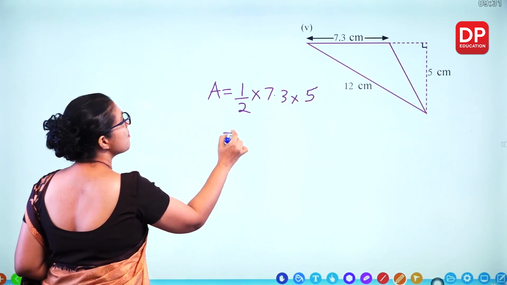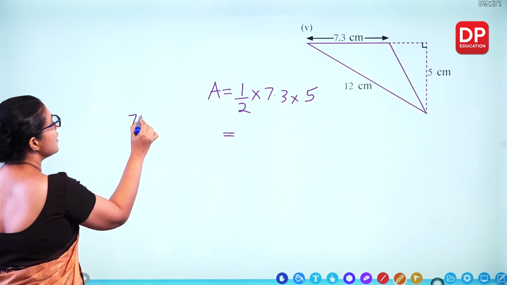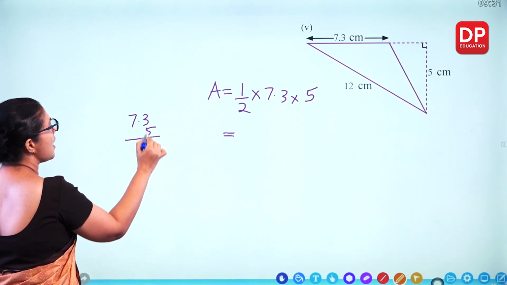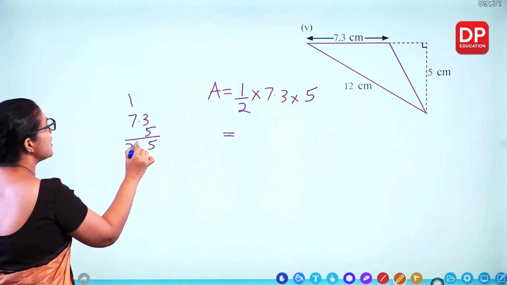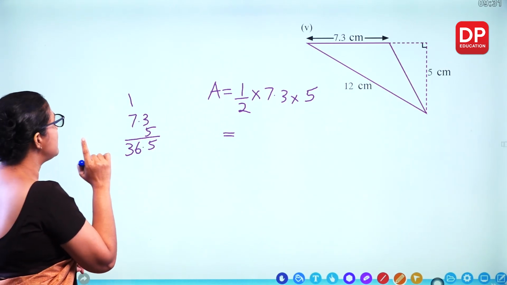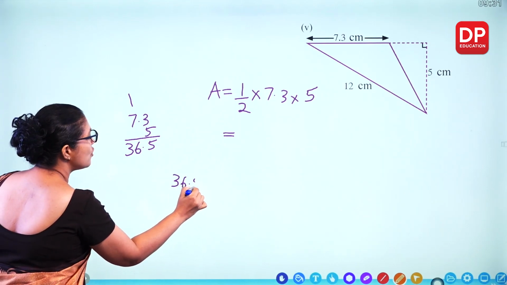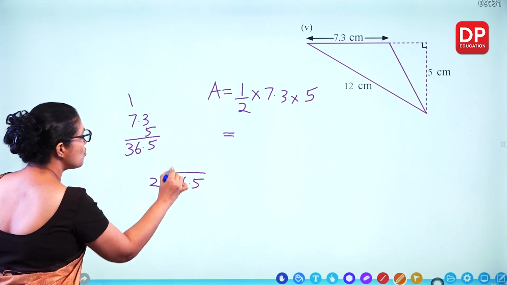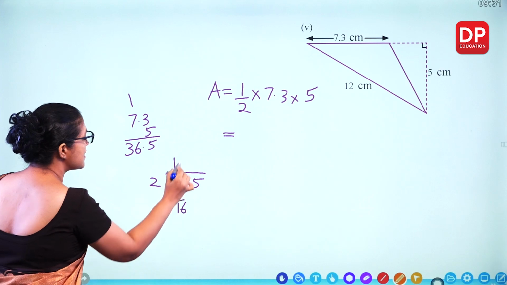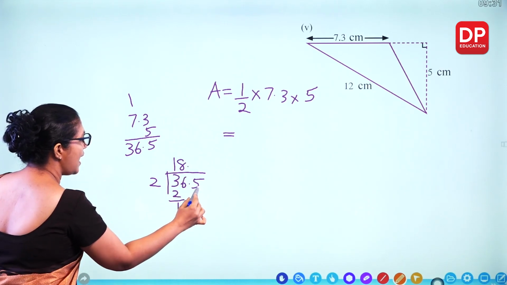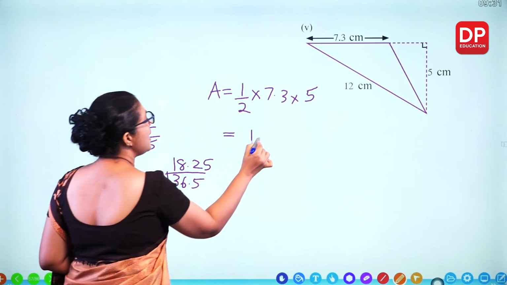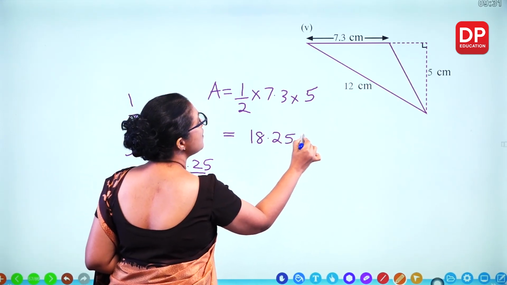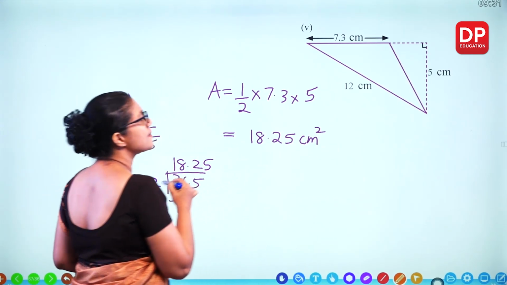So we'll first multiply by 5. 7.3 multiplied by 5. 5 times 3, 15. 5 times 7, 35 plus 1, 36. And then divide by 2. 2 times 1, 2. For 16, that's 8. And 2 times 2, 4. For 10, that's 5. So 18.25 square centimeters.